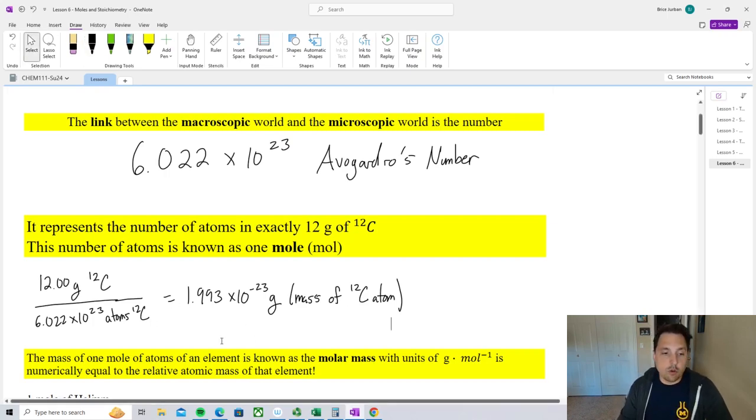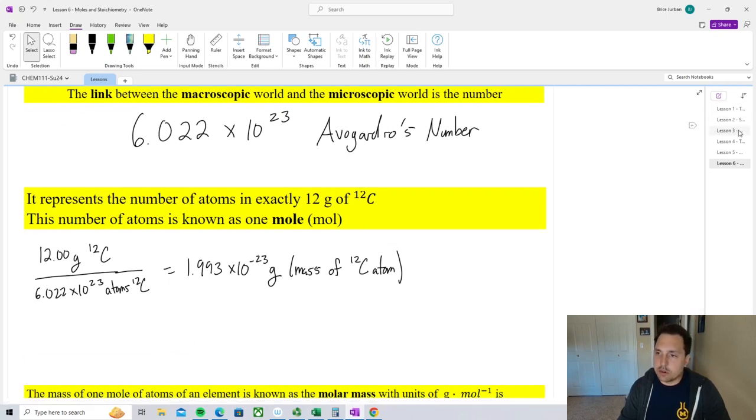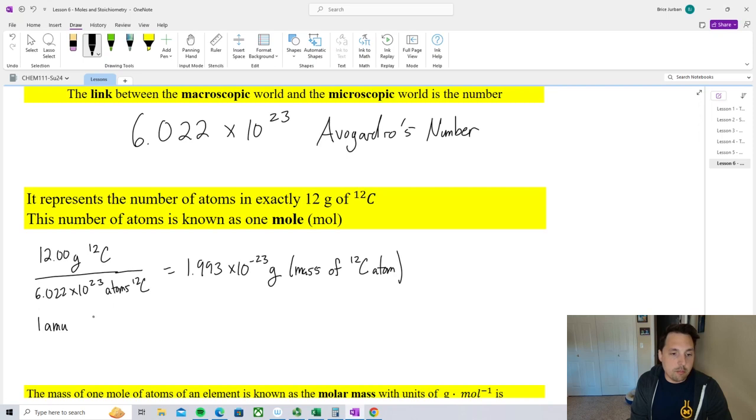We can also determine what the mass of a single AMU is. If you remember from one of our previous lessons, when I introduced the concept of the AMU, I think it was in lesson 3 or 4, I said that the AMU, the atomic mass unit, which is how we compare the relative atomic masses of the different atoms and isotopes, is equal to 1/12 of the carbon-12 mass.